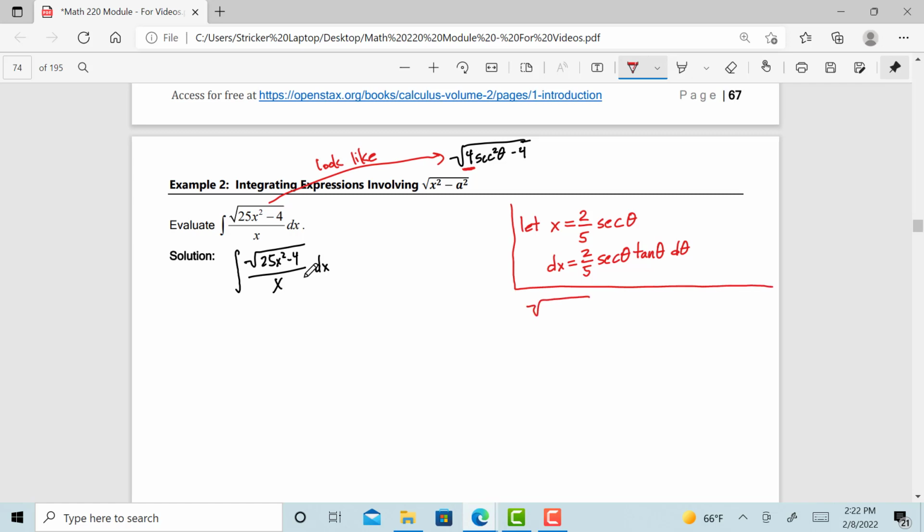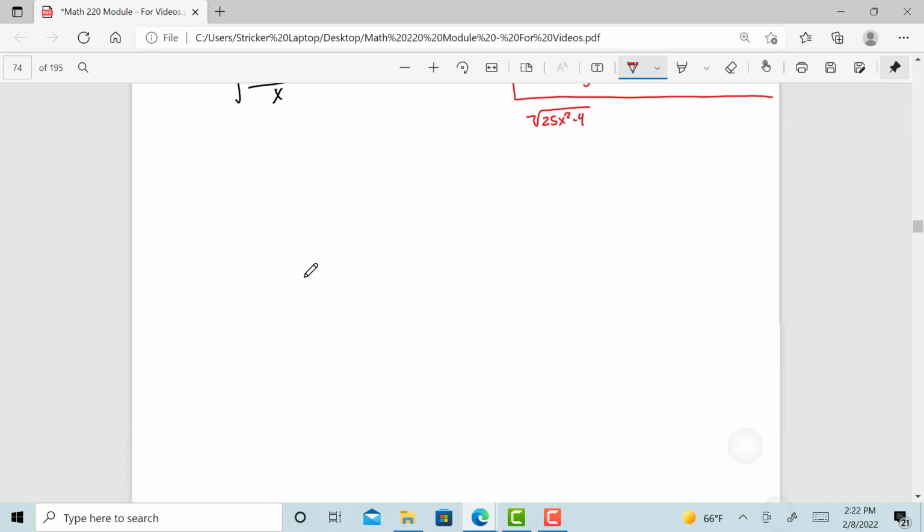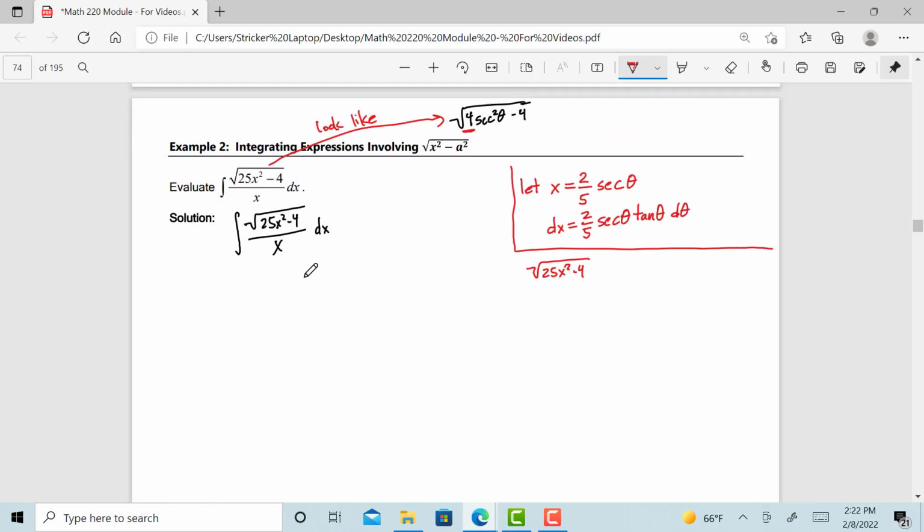So we have the square root of 25x squared minus 4. And when we plug in our x, that's going to give us the square root of 25 times 2/5 secant theta squared minus 4, which is going to give us the square root of 25 times 4 over 25 secant squared theta minus 4.